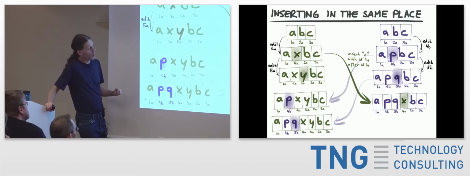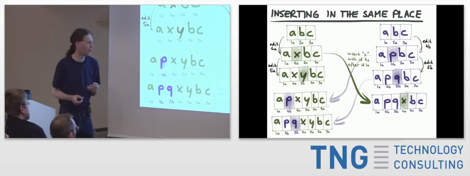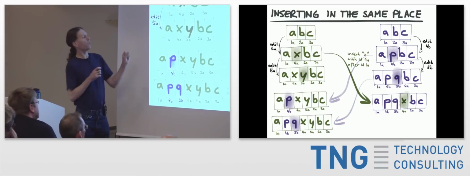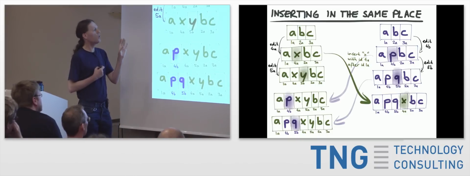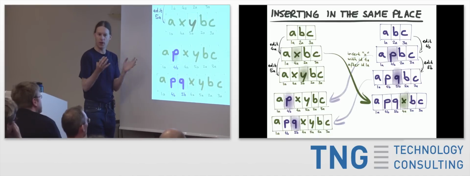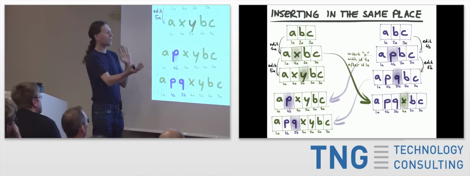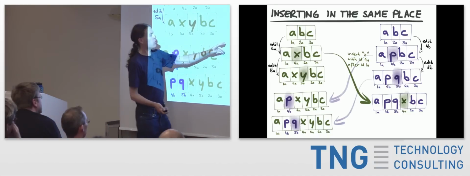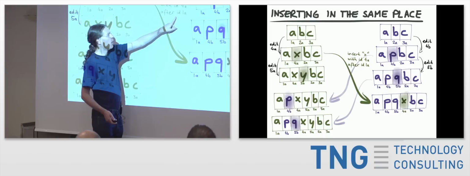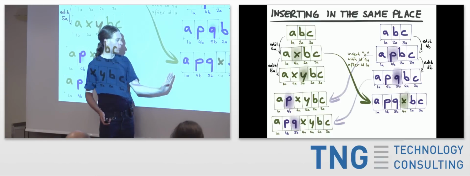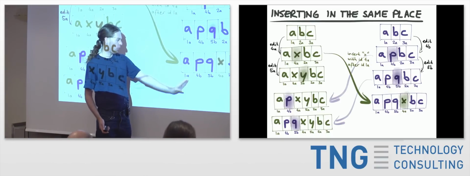And in order to make that work, we rely on a little trick. And that trick is to look at the identifiers involved here. There was a particular reason for why I chose the identifiers the way I did, because we can compare them now. And what we're going to do here is, when this operation comes in, insert after 1A, we'll first search for the insertion position, 1A. OK, that's here.